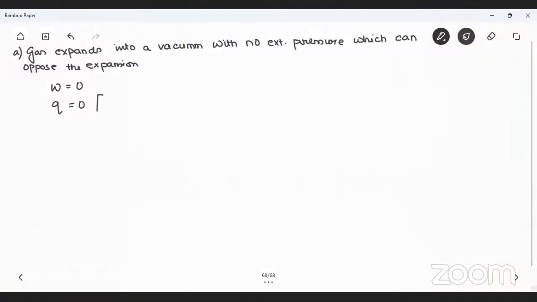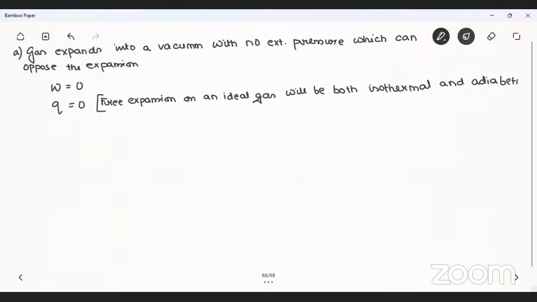Another important point, free expansion of an ideal gas will be both isothermal and adiabatic.